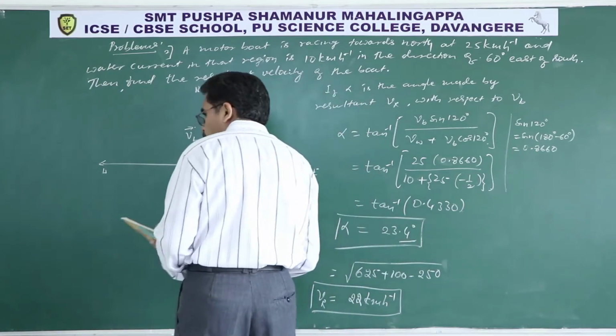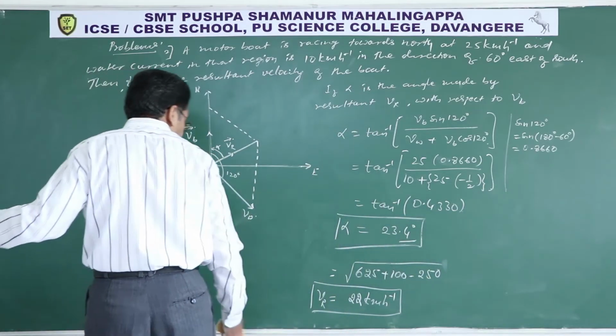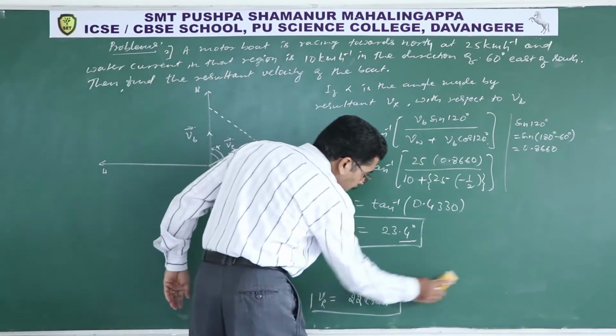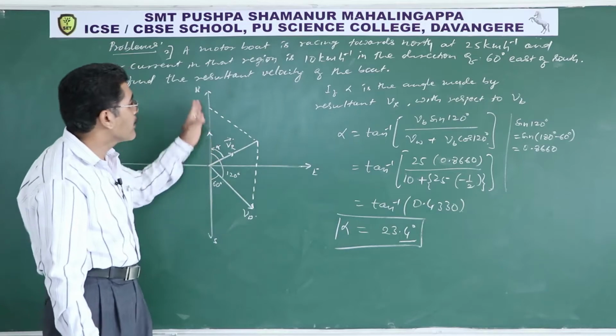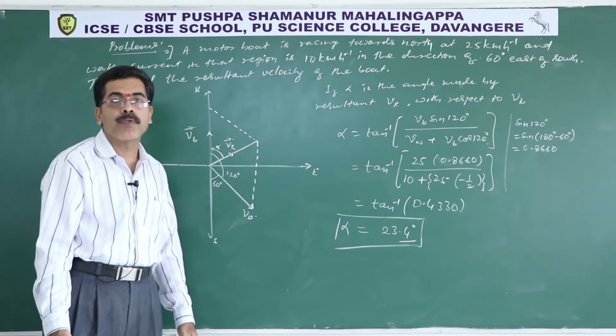Therefore, the resultant velocity makes an angle 23.4 degree with respect to the direction along which the boat is moving.